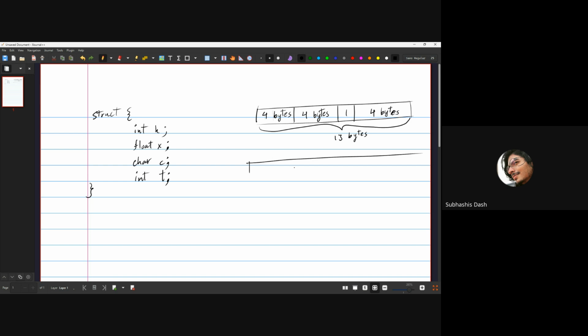Okay, so let's say that we have another memory location. How it would actually look is something like this. It would give 4 bytes to everything, but for the character, it would only use this portion. This rest would be just padding essentially.